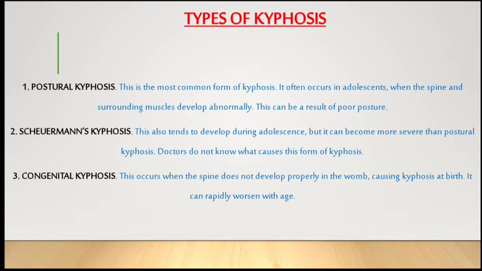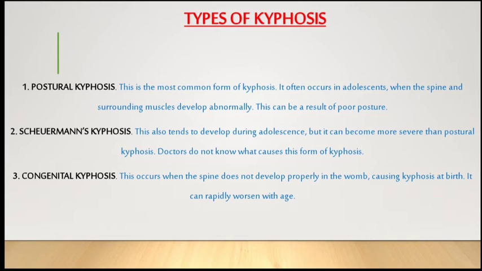Postural kyphosis is the most common form of kyphosis. It often occurs in adolescence when the spine and surrounding muscles develop abnormally. Okay, so this can be a result of poor posture, meaning poor body posture.